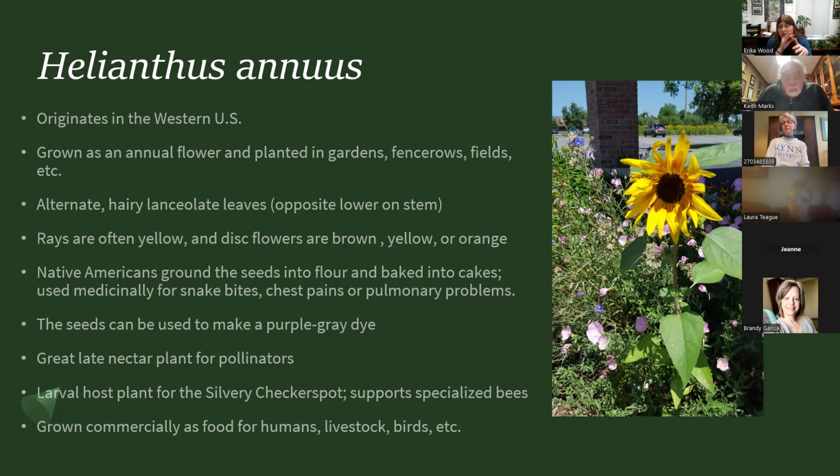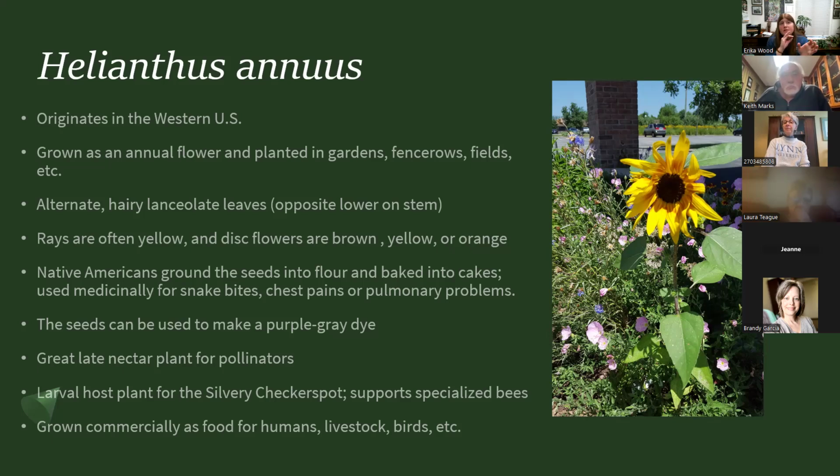There are some medicinal purposes for this sunflower as well, where they may have been used to treat snake bites. So they almost use it as a topical treatment for snake bites. But then they also ingested it to help treat things like chest pains or even some respiratory ailments.